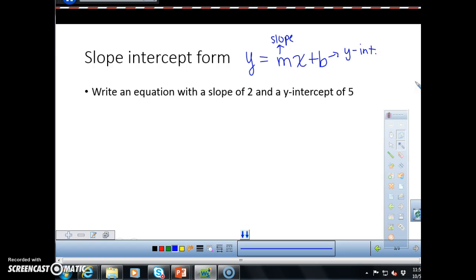So if they're going to give you the slope and the y-intercept, you want to use slope-intercept form. So our slope is going to go in for m, and then a y-intercept of 5 is going to go in for the b.